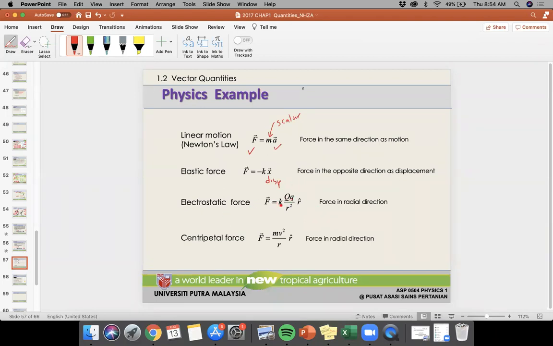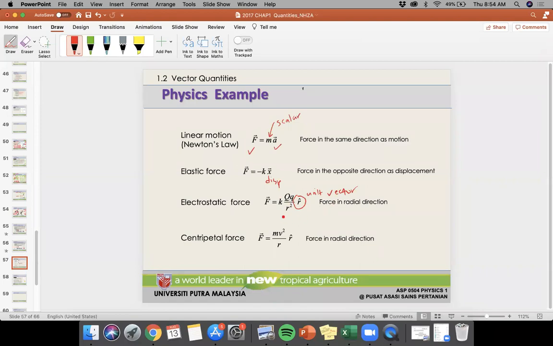Electrostatic force, F equals kQQ over r squared. This is just the unit vector which gives you the direction. It doesn't mean anything except for the unit vector. It shows you that the answer is a vector. So this guy is a scalar quantity, scalar, scalar.